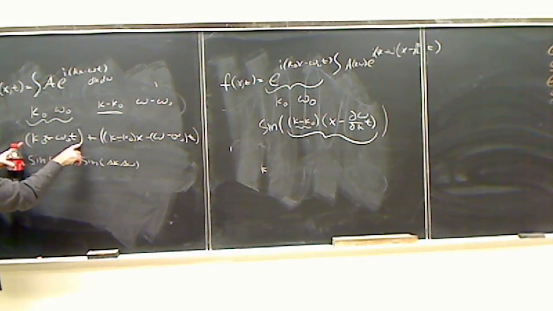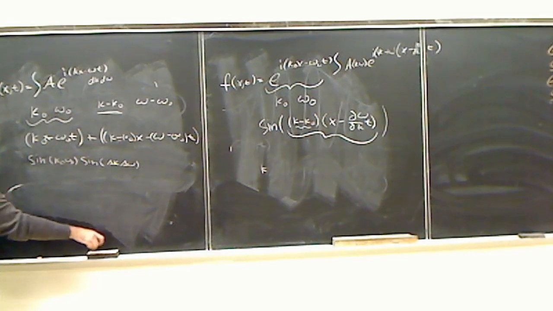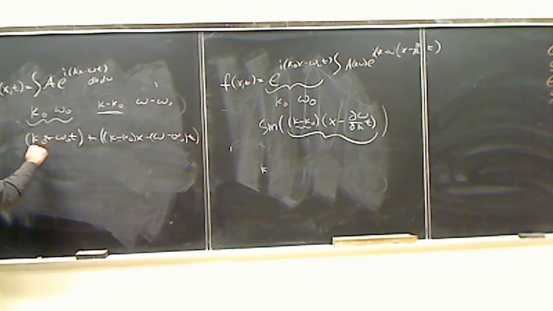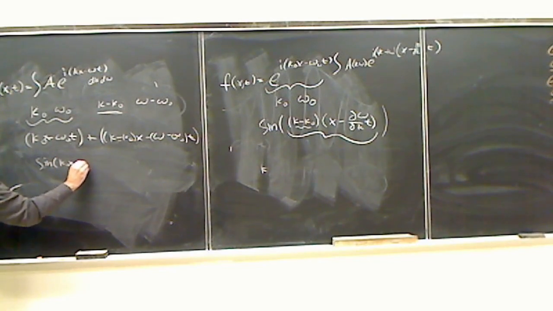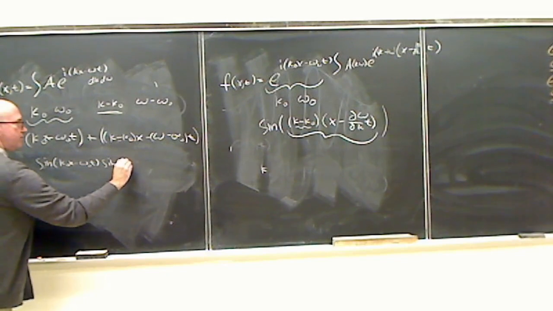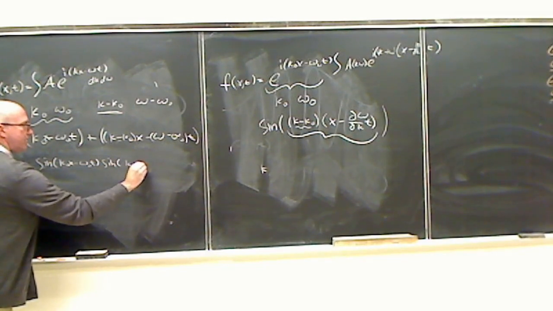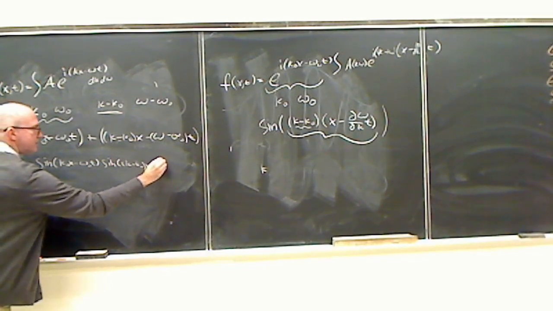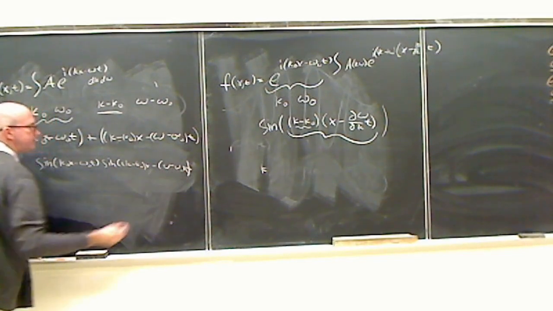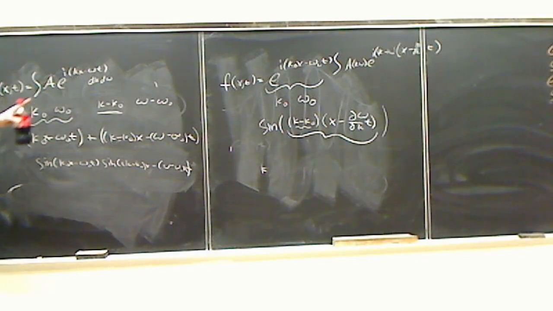Because this is in the exponent, these are just multiplying each other. Let me do that a little better. I'm going to take this and plug it in here, and that's going to turn into sine of k naught x minus omega naught t times sine of k minus k naught x minus omega naught t, because the exponent turns the adding into multiplying.